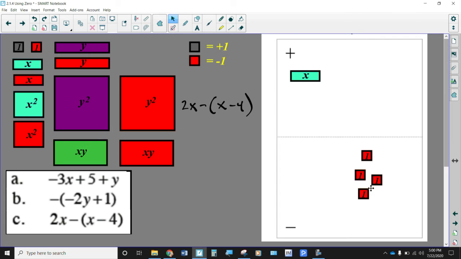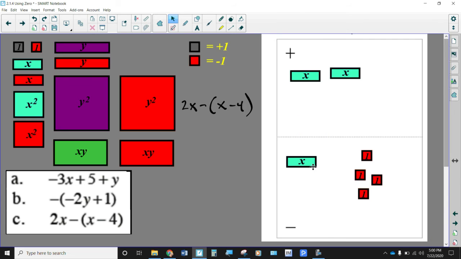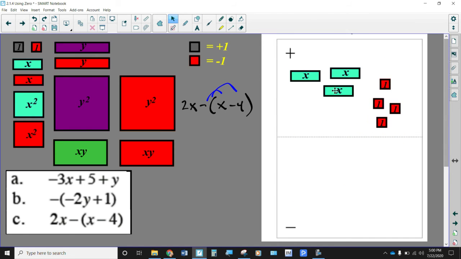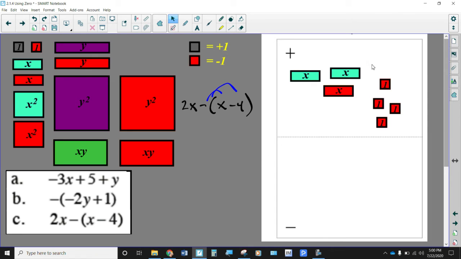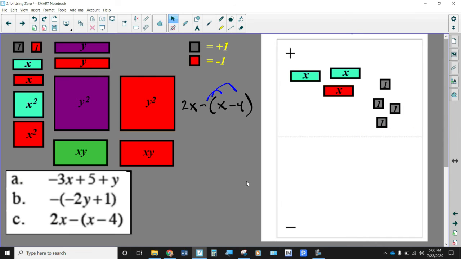But to be honest with you, I sort of like the idea. I think this is really helpful for students. If you use the distributive property here, that is pretty much the same thing as moving these guys across the street and changing them to their opposites. So the x is going to change to a negative x, and the 4 negative ones would change to 4 positive ones.